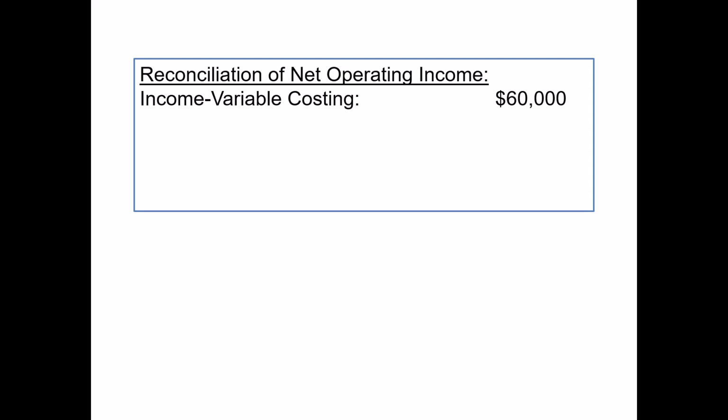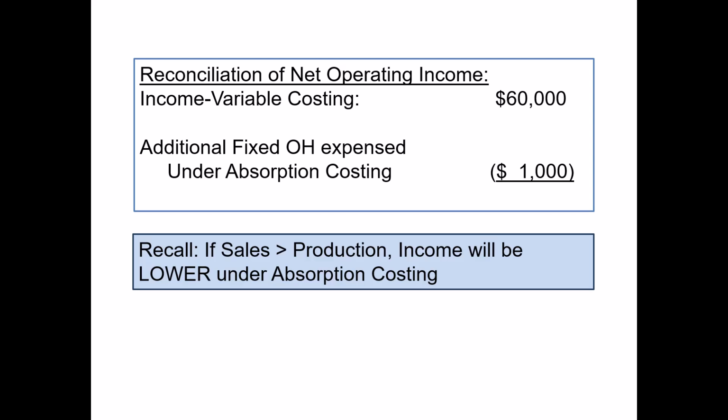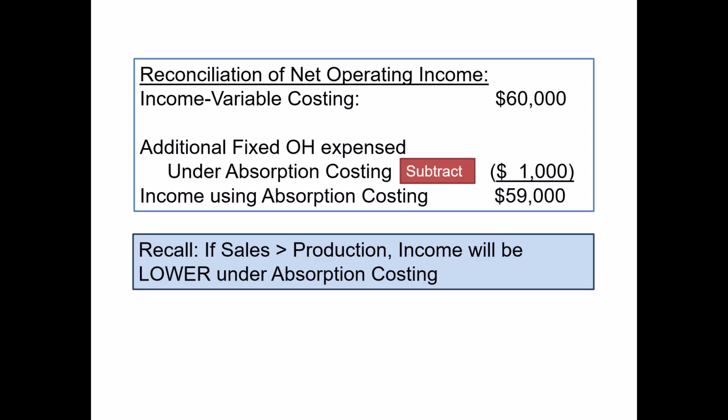We've determined that income will be $1,000 lower under absorption costing because we will expense additional fixed overhead. So our final answer is that income using absorption costing will be $59,000.